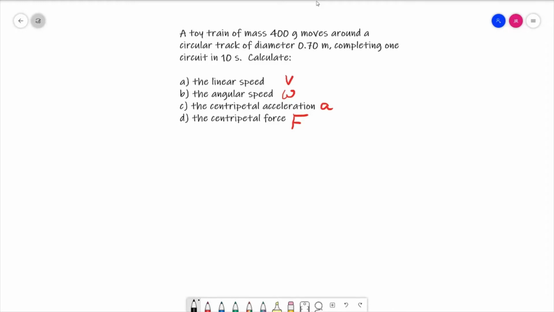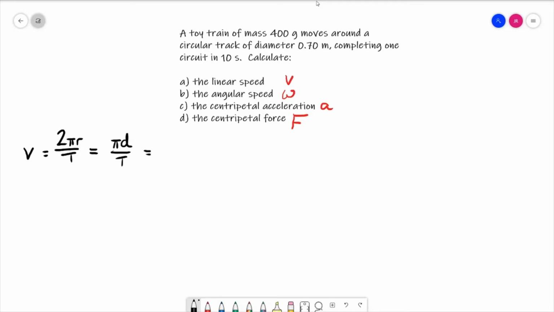By far the easiest way of working out the linear speed is to say that v is equal to 2 pi r over t. That's the equation that we looked at earlier. But of course here you haven't been given radius, you've been given diameter. So we can rewrite that as pi d over t.